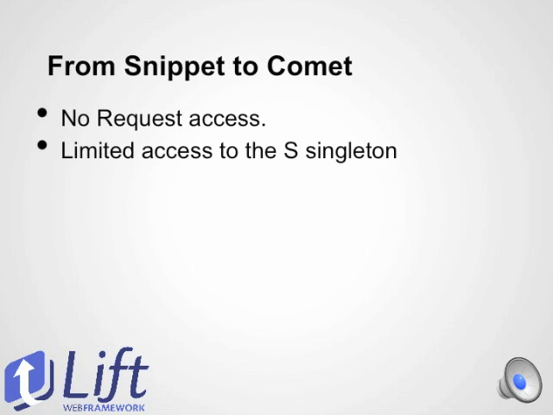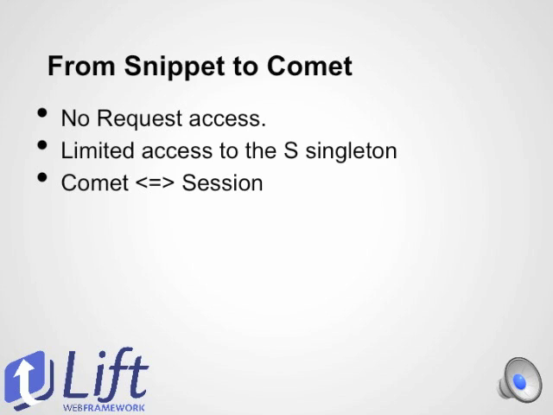Then something else to keep in mind is that you get one Comet actor session. So let's go back to the example of an eBay website. If you're looking at an item and it's a Chromebook, and then you open a new tab and you look at the same Chromebook, both tabs on your browser are going to be served by the same Comet actor.